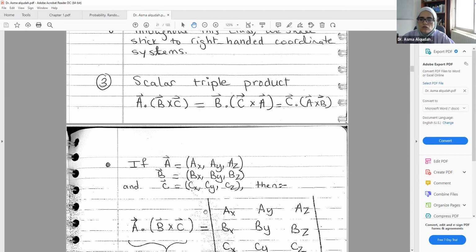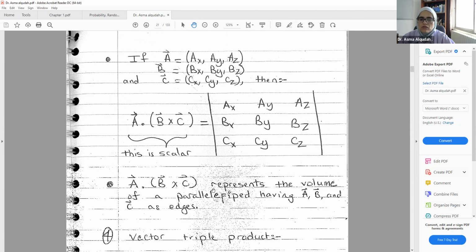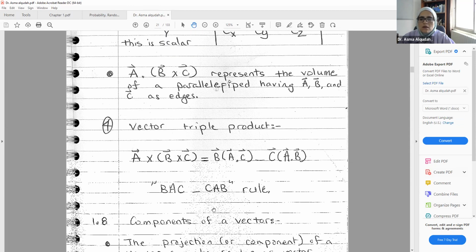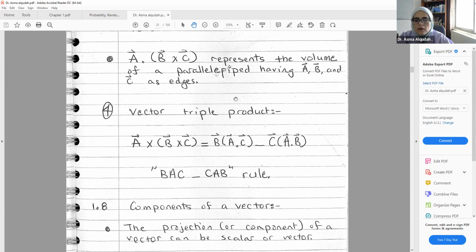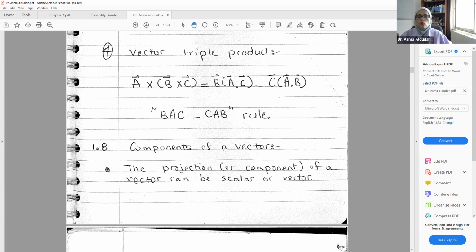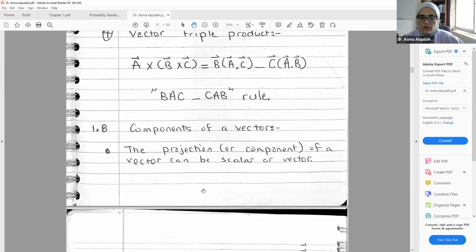We came across four basic types of vector multiplications: the first one was the scalar product, or the dot product. Number two, the cross product. Number three, the triple scalar product. And number four, the vector triple product, and we defined how to calculate each one of them.